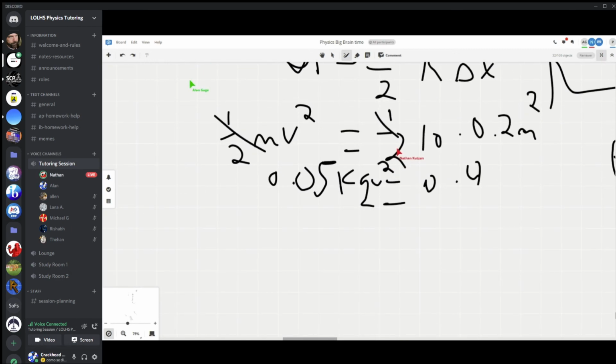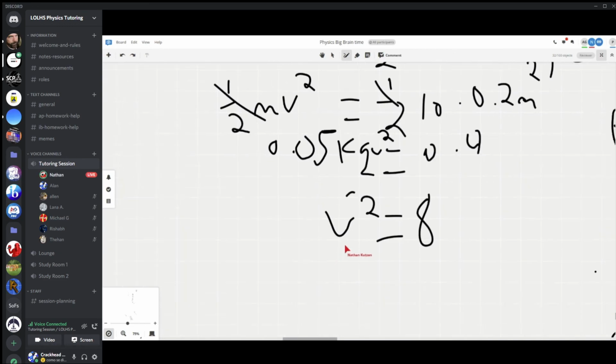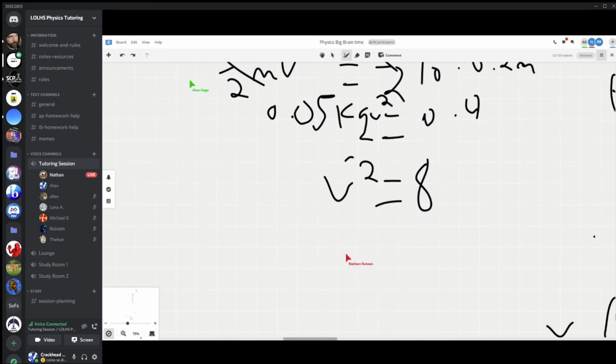So v squared is equal to 0.4 over 0.05, which is 8. And that means the maximum velocity is going to be 2.8 meters per second.